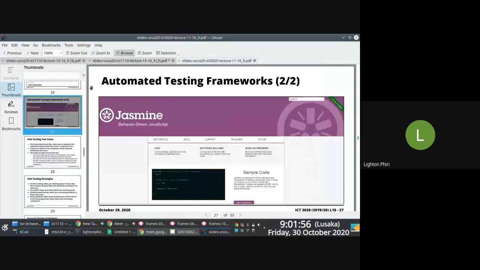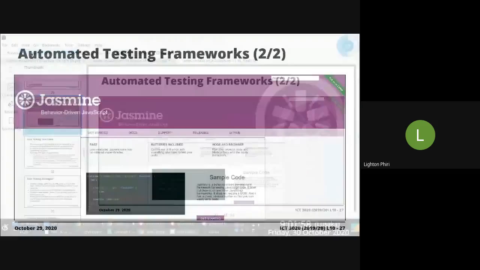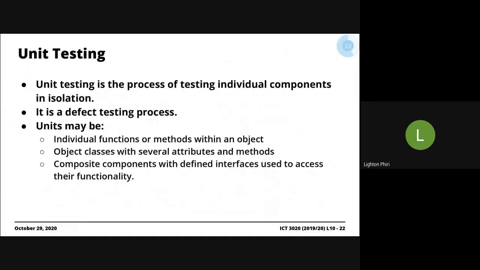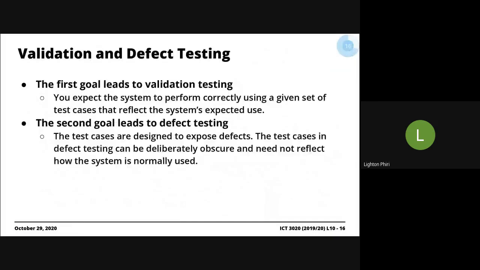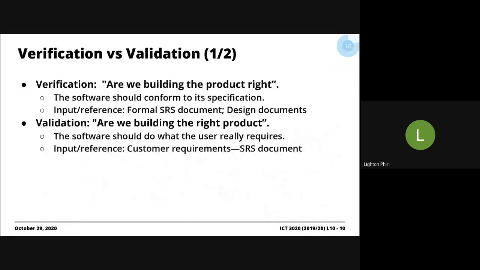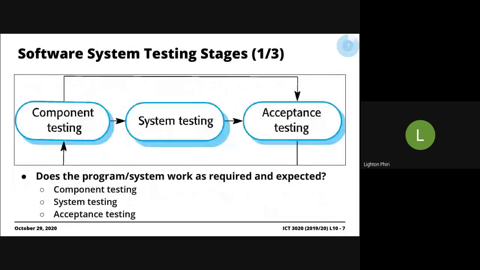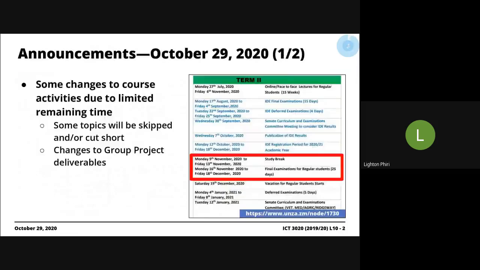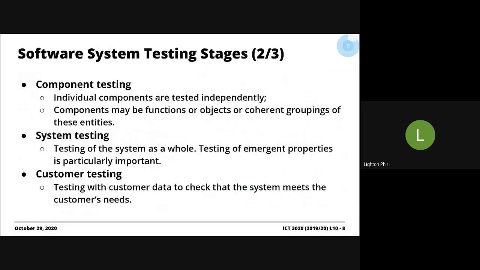So just wanted to find out if people have any questions related to what we looked at yesterday. I guess we were looking at the various stages associated with testing.